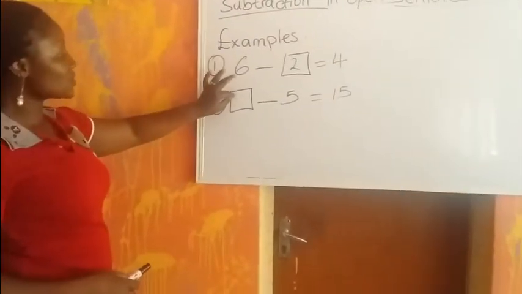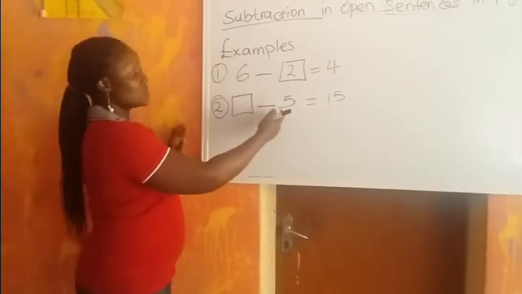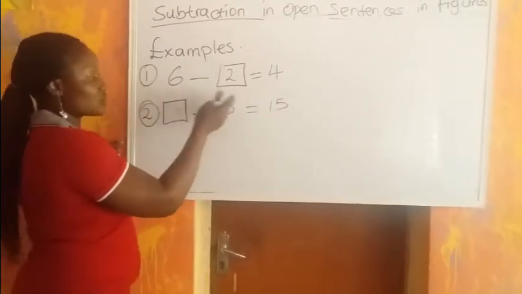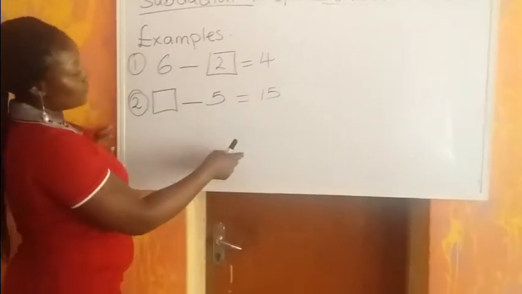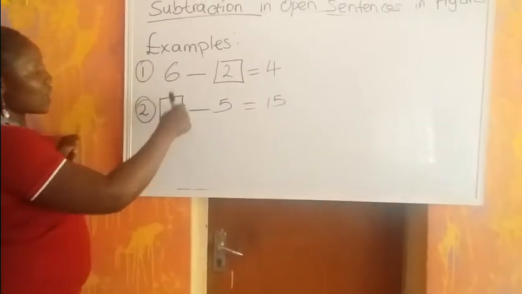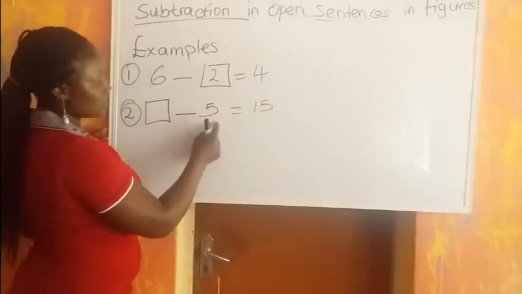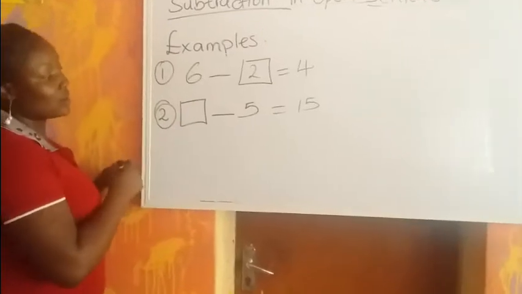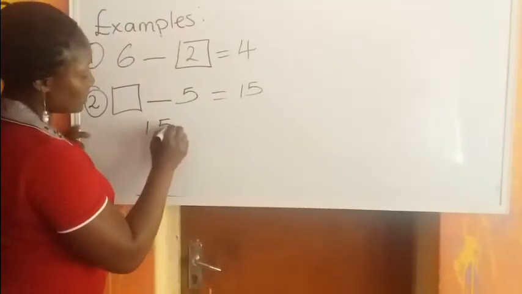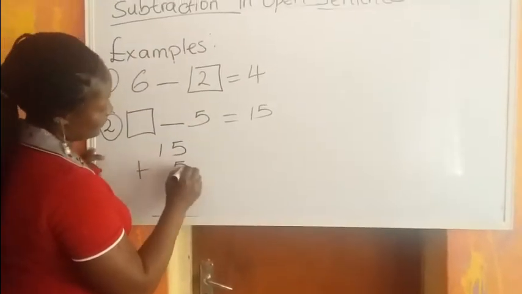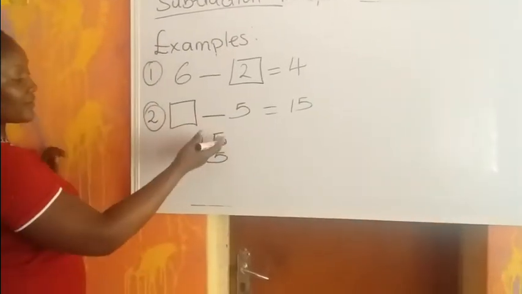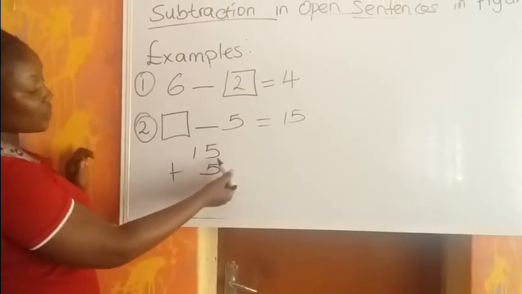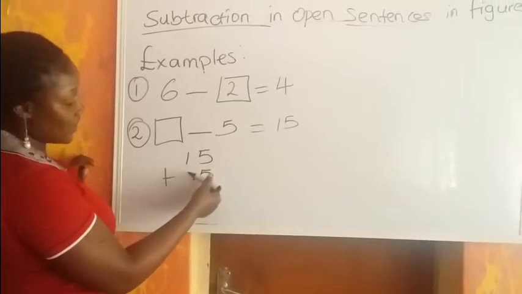So this number has to be more than these two, because you take away 5 from this number to give you 15. Before we get this, we need to add these two numbers. When you add, it will give you the bigger number. So we will say 15 plus 5. When arranging, the 5 must be under the other 5.